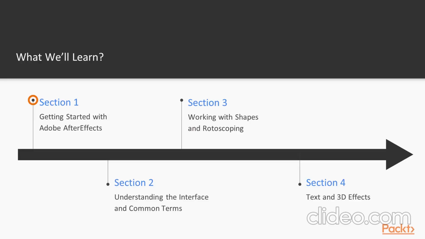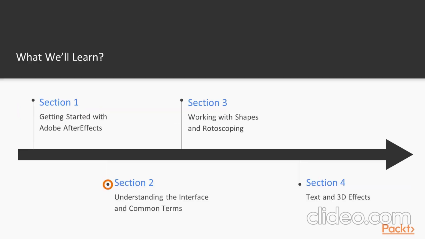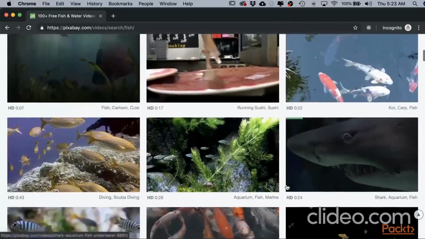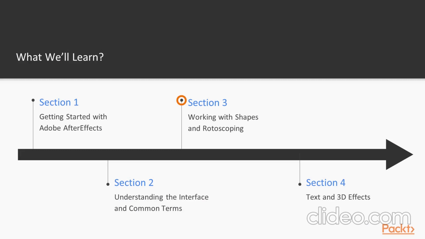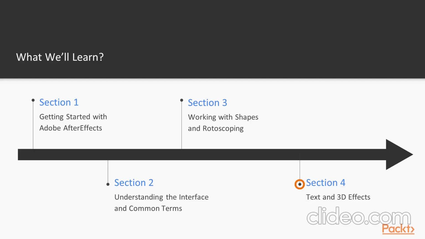With this course, we'll start with an overview in Section 1. In Section 2, we'll learn about the interface and common terms. In Section 3, we'll take a look at working with shapes and rotoscoping. Section 4, text and 3D effects.